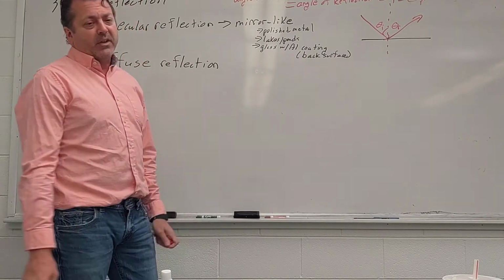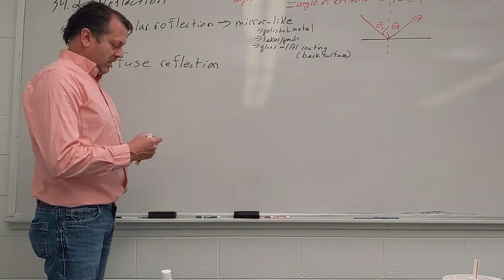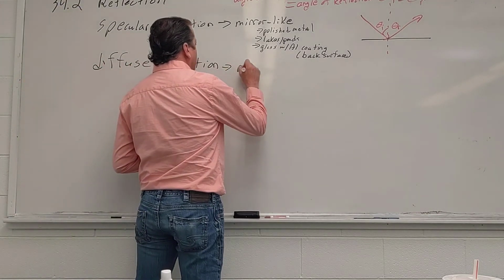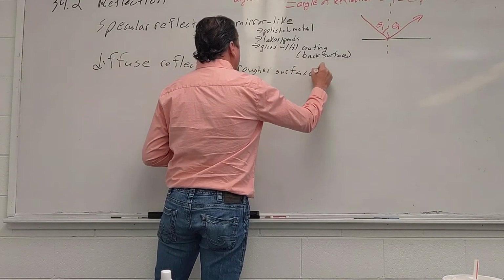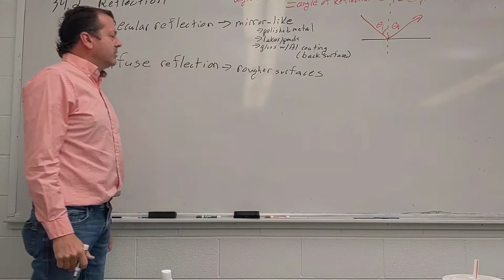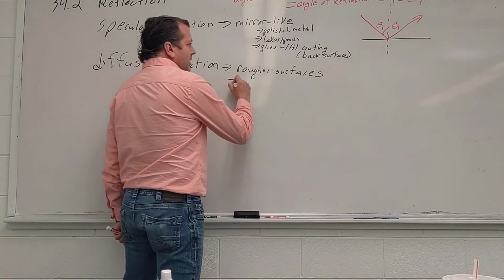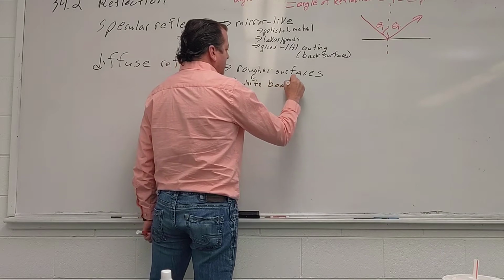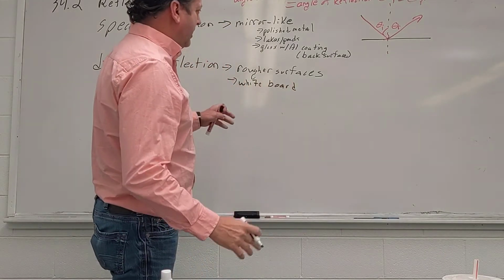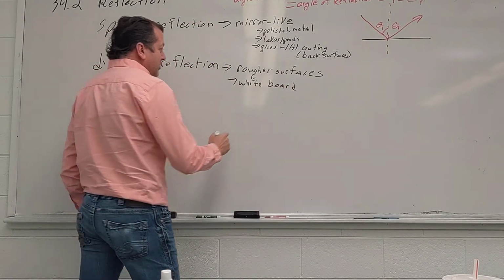Now, diffuse reflectors, they're not like that. They're rougher surfaces. You could say this whiteboard. Unless you get, I mean, you can see a little bit there, but it's hard to really see a good image.